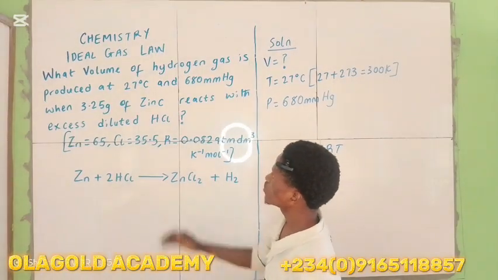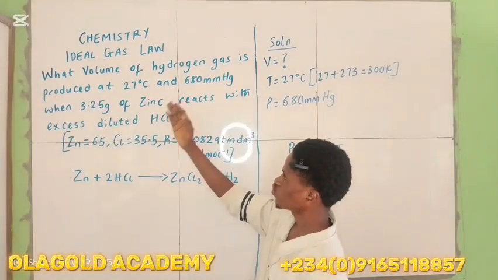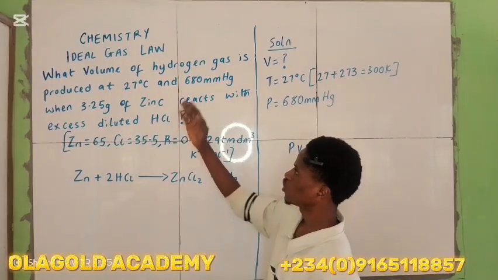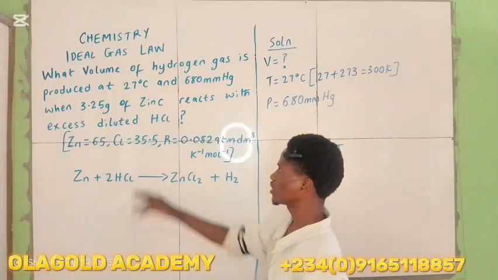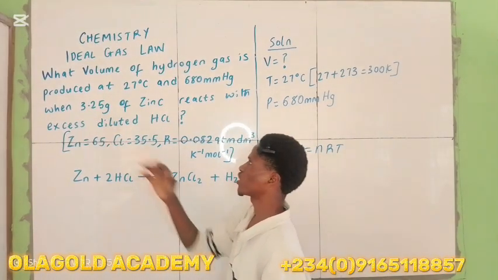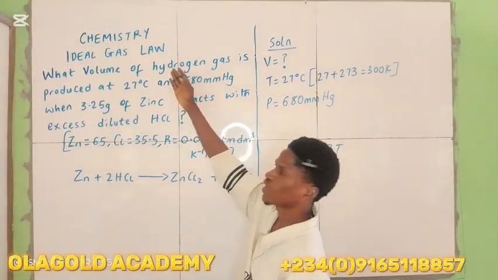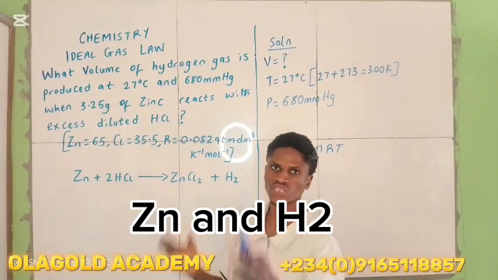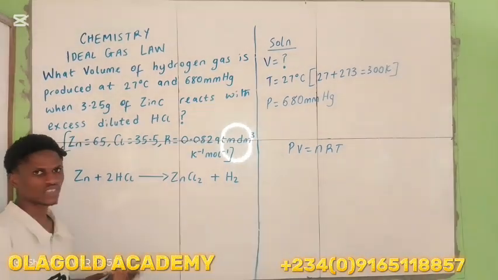The question says, what volume of hydrogen gas is produced at 27 degrees Celsius and 680 millimeter mercury when 3.25 grams of zinc reacts. As we can see, we have zinc with a value of 3.25, and all these questions here depend on hydrogen. So we can deduce that the question is talking about zinc and hydrogen. Let's bring out the zinc and hydrogen.